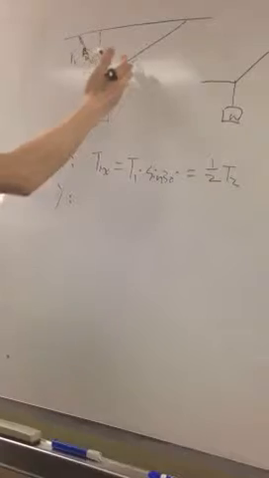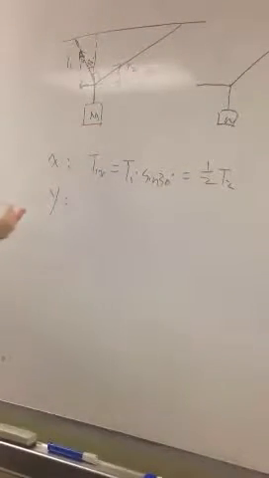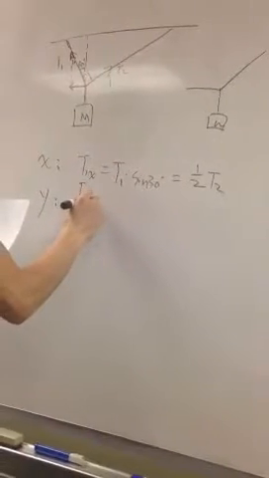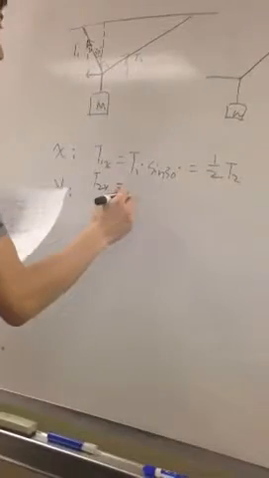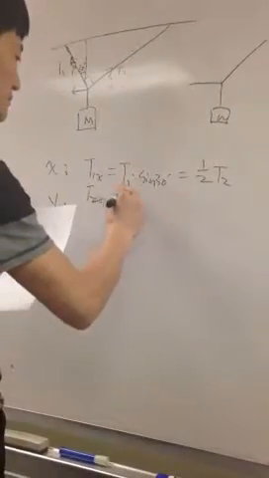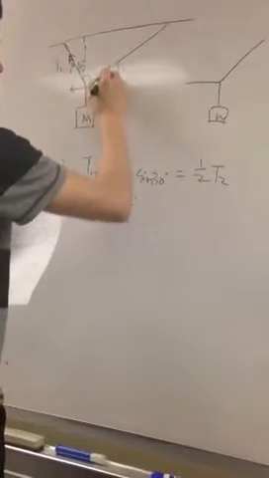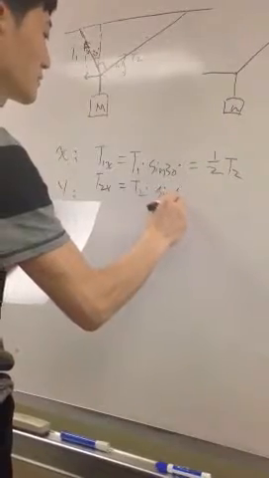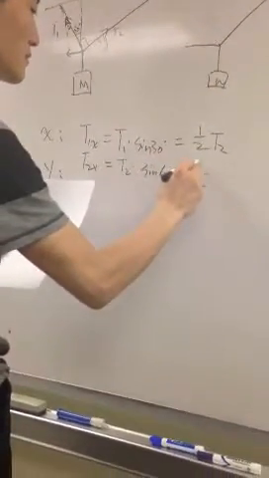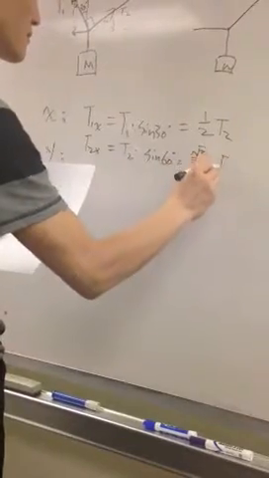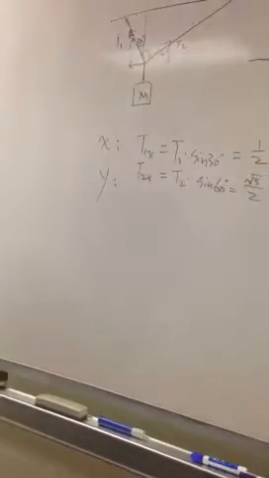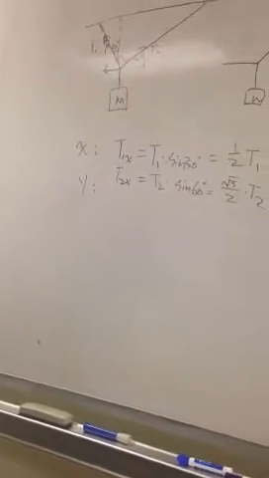And then T2 also has a component in the x-axis. It's also here, 60. Sine 60. Sorry, here should be T1. Right? That's on the x.